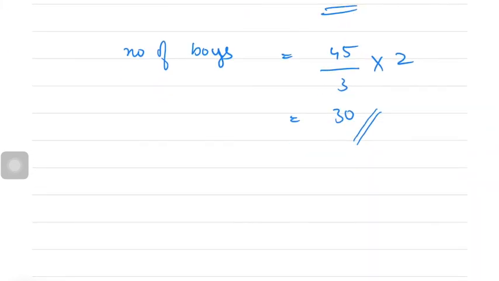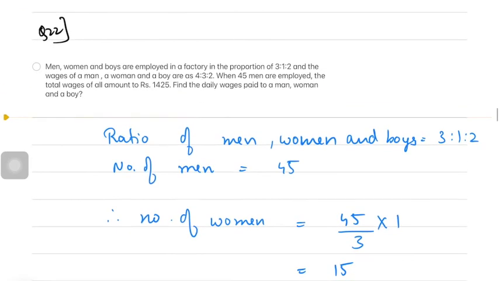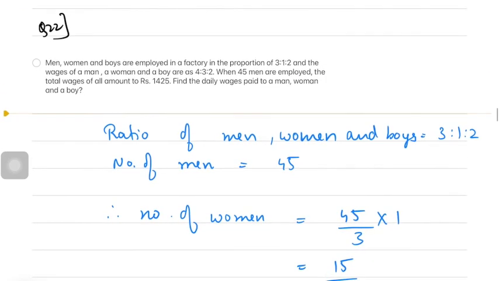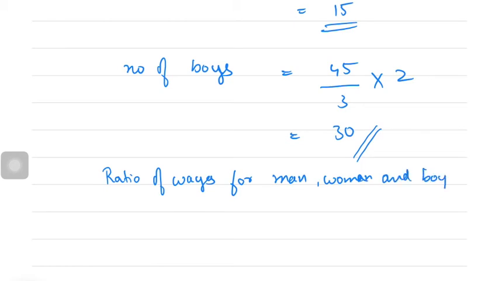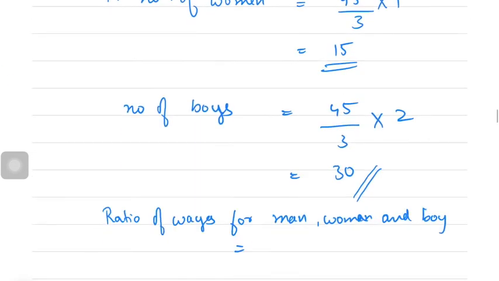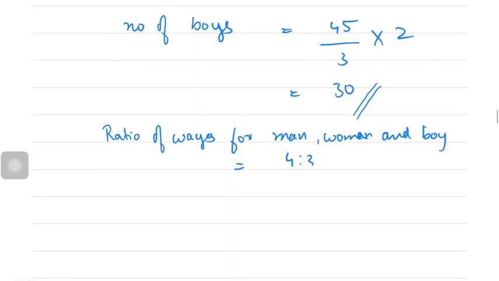So I'll just write down ratio of wages for man, woman and boy is equal to 4:3:2.